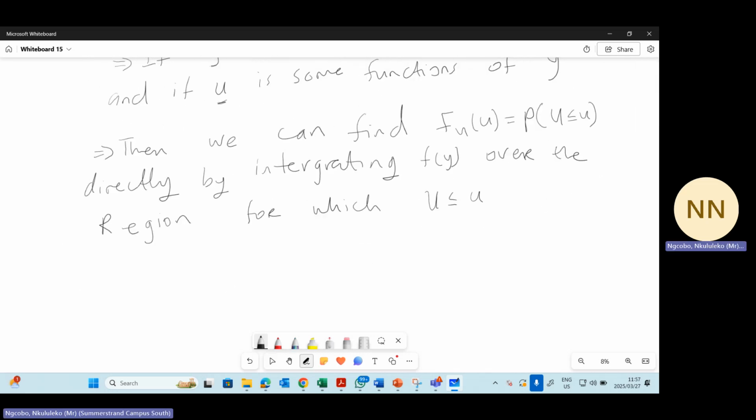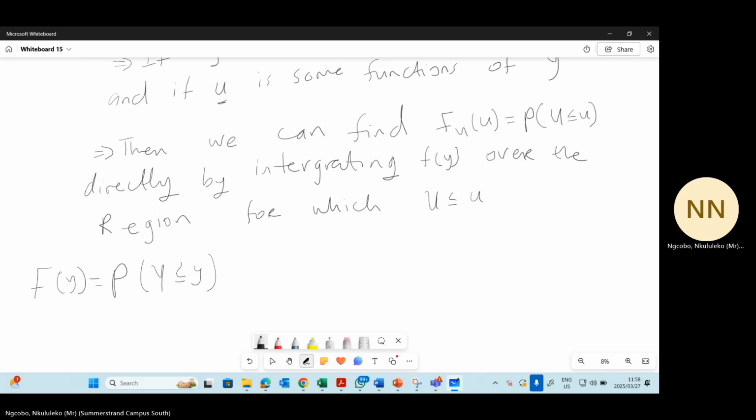So we all understand that the distribution function of y is capital letter F of y. This is the same as the probability of Y less than or equal to small y, right?